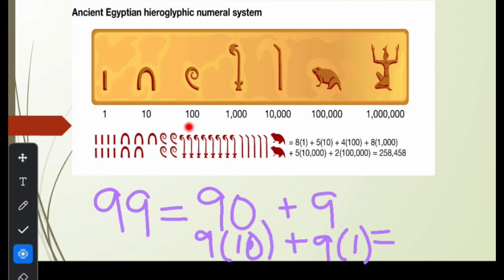So for 3-digit numbers, they used to draw coils. And this keeps on happening. For 1,000, they had this bent arrow. Then for 10,000, they have this straight bar, flicked a little upward. For 100,000, these two symbols evolved.